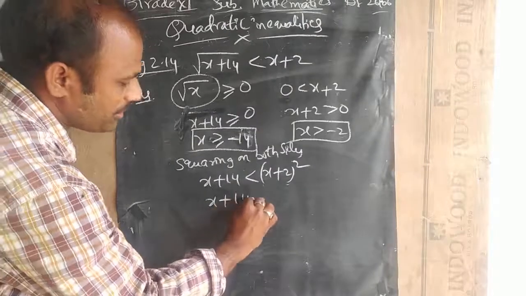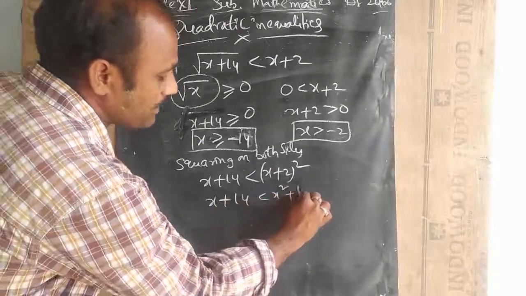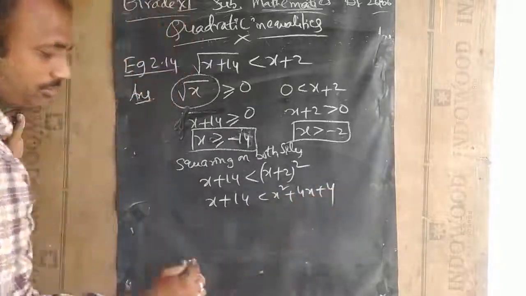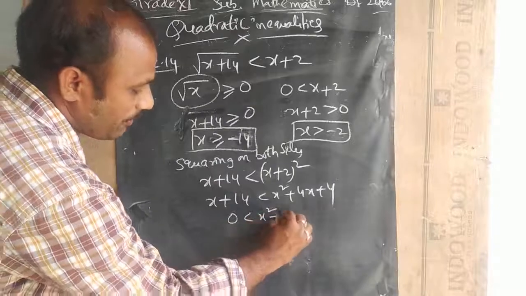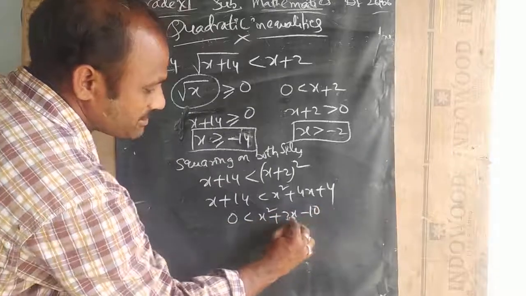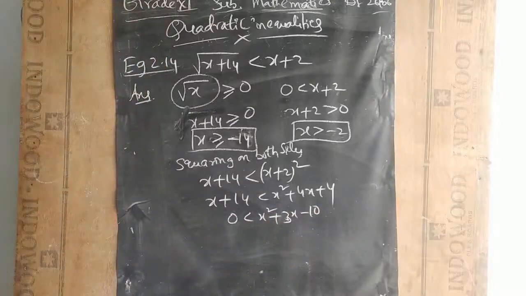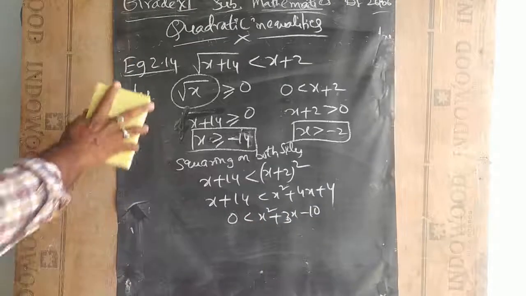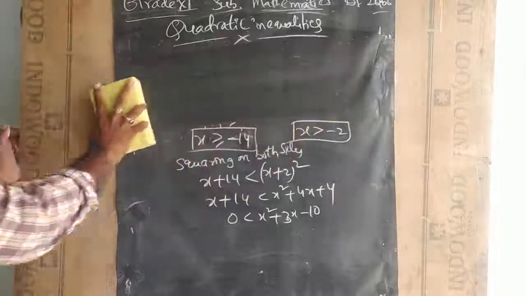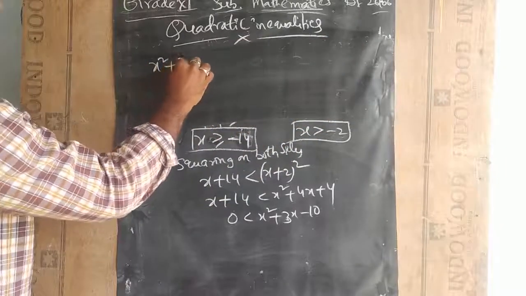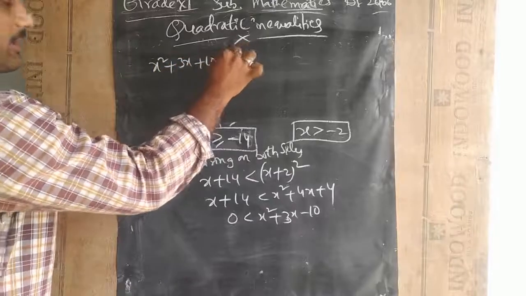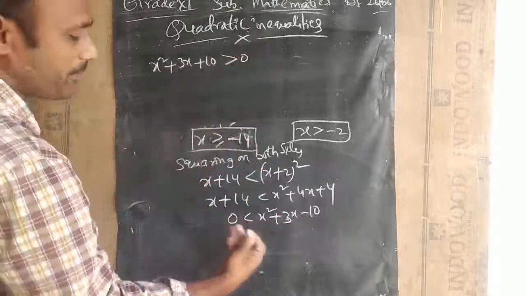X plus 14 is less than x square plus 4x plus 4. So if I transpose to one side, 0 less than x square plus 3x minus 10. So this can be written as x square plus 3x minus 10 greater than 0. Inequality will change if I replace.